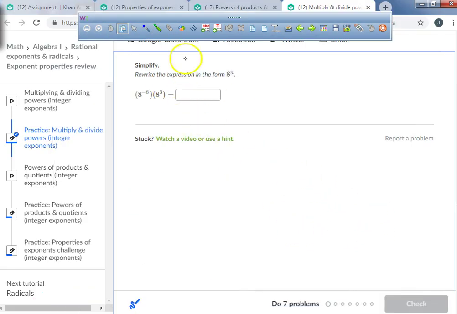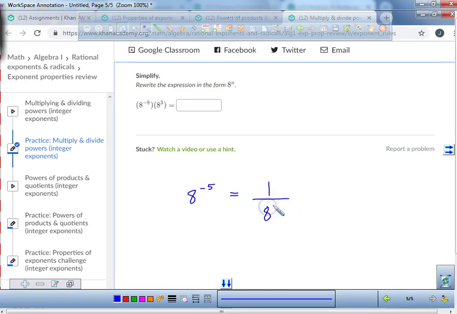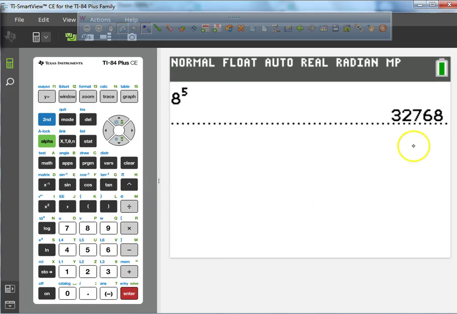So something you need to understand: if I say 8 to the power of negative 5, that is the same as saying 1 over 8 to the power of 5. Now 8 to the power of 5 is a big number. That's 32,768.